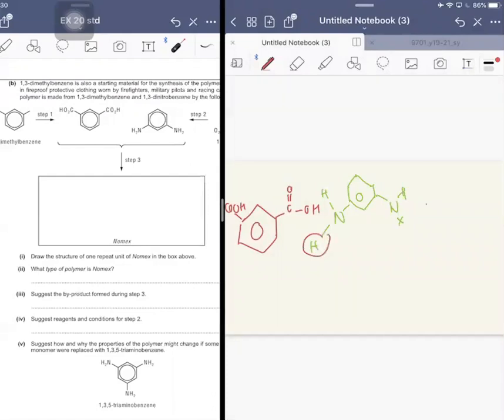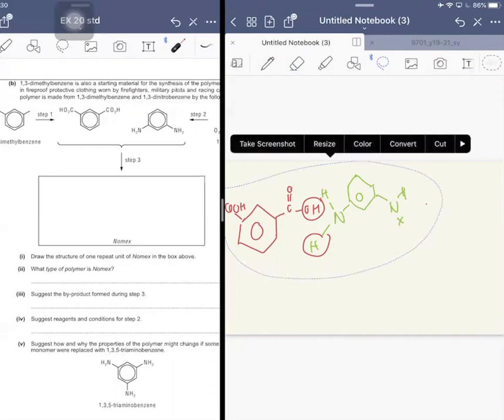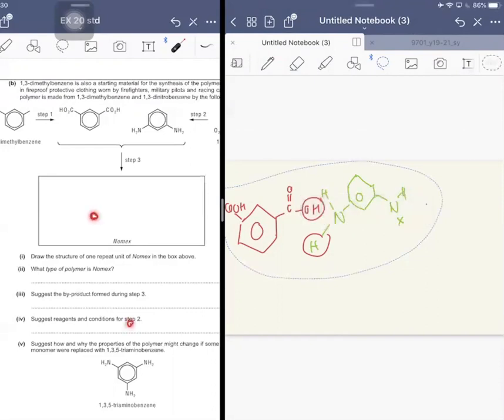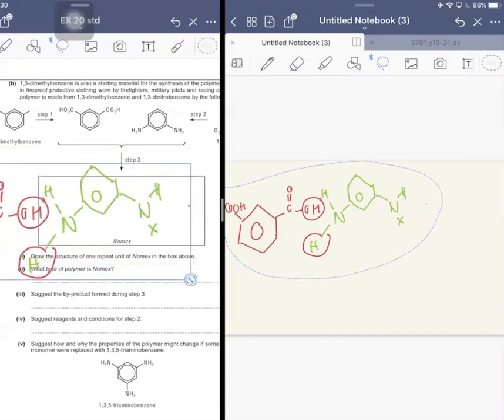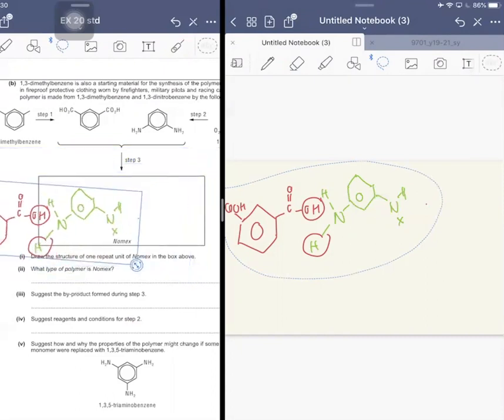Again, you lose the hydrogen from NH, you lose the OH from the carboxylic acid, okay? If I just resize that.